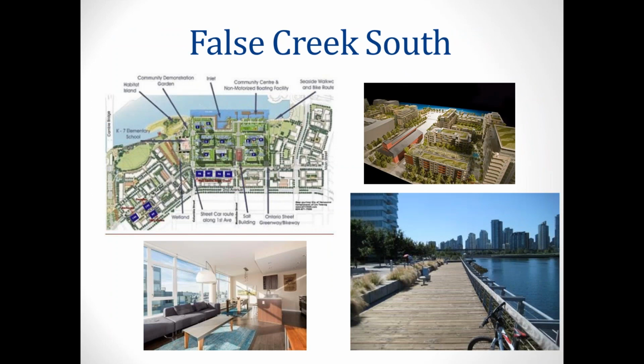Here's another example, Falls Creek South, also known as the Olympic Village in Vancouver. If you look, as the community grows, retailers, restaurants, and service suppliers have opened up in the village.